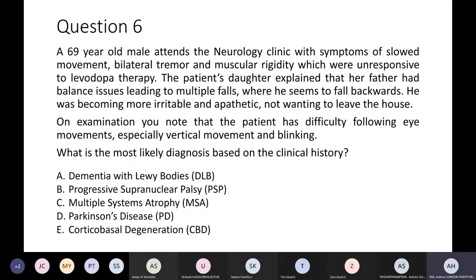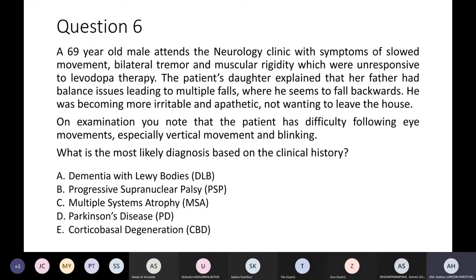So a 69-year-old male attends the neurology clinic with symptoms of slowed movement, bilateral tremor, and muscular rigidity, which were unresponsive to levodopa therapy. The patient's daughter explained that her father had balance issues leading to multiple falls, where he seems to fall backwards.